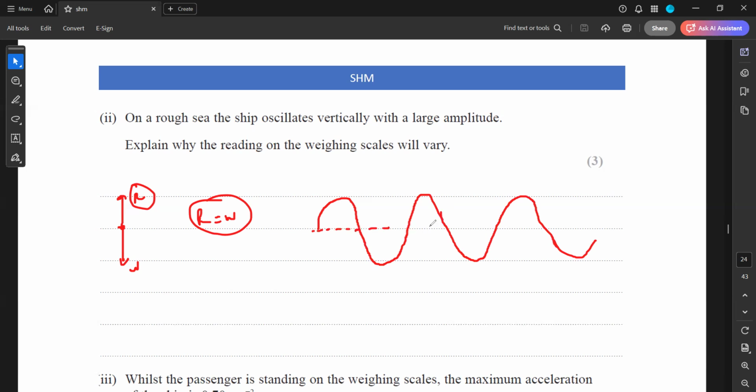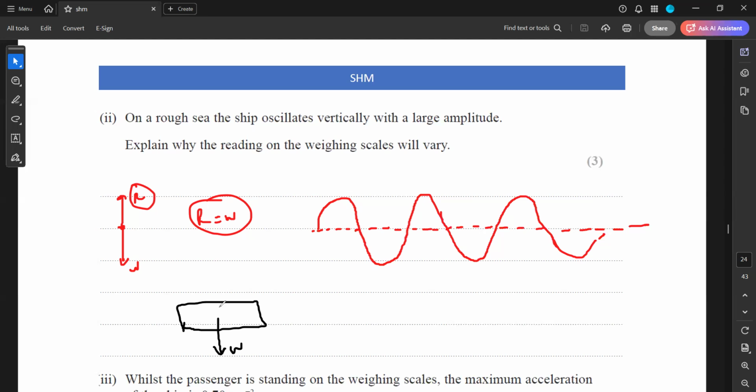These dots are representing the equilibrium position. So when the passenger is above the equilibrium position, like a passenger standing on the weighing scale, what will happen? The weight is a constant which is acting downward.